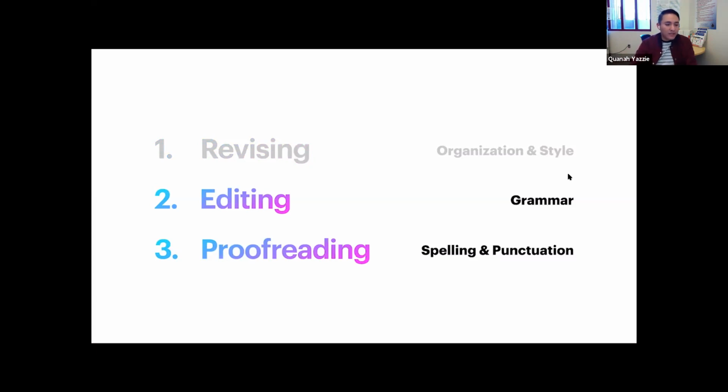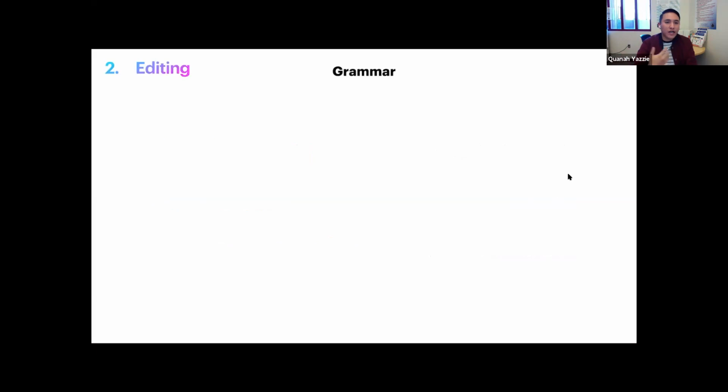And there are some tips that I'm going to show you that you should jot down as well, just to keep in mind when you're revising or editing. In this case, number 2 is editing. And within editing, one thing to note, after you have your essay written out and you've got your structure down, now we're going to editing. One thing to look at is how you're using verb tenses within your paper itself.